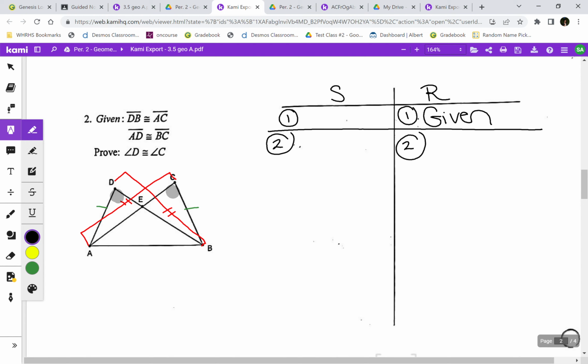Yeah, but don't force it. Try it, but don't force it. So DA and CB, those count as sides, right? But do DB and CA count as sides?